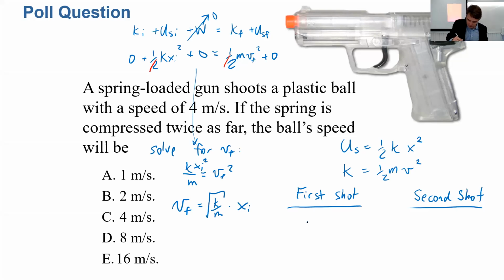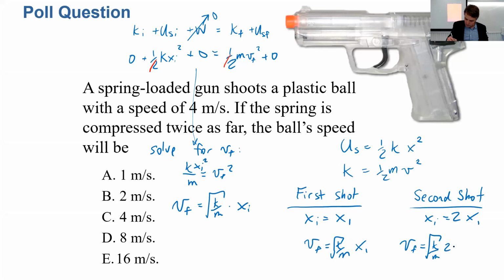So first shot, x initial equals, we'll call it x1 or something like that. And so v final is equal to some constant, square root of k over m, times x1. Second shot, x initial is 2 x1. So v final is going to be equal to the same thing, square root of k over m, times 2 x1, which is equal to 2 times v final 1.